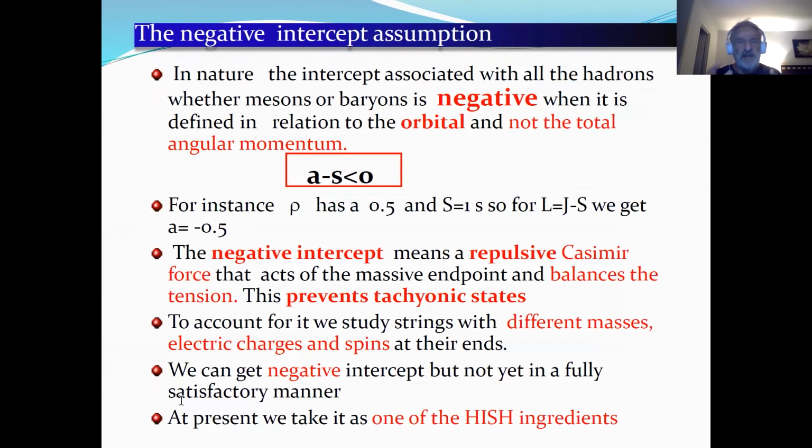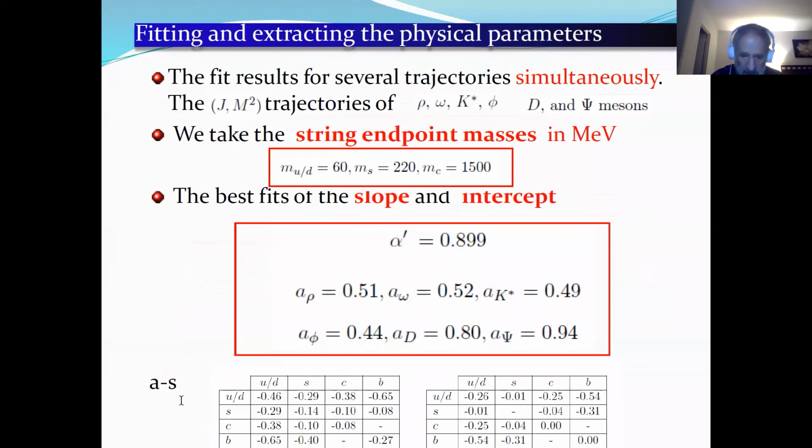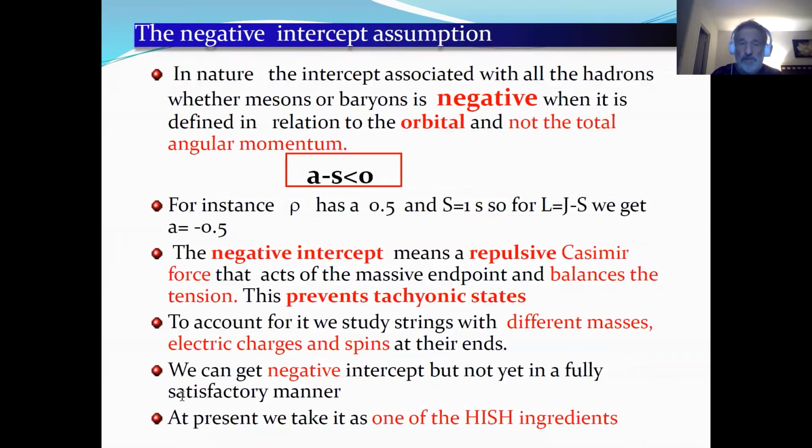Now I'm coming here to what I mentioned before. This is very important. So in nature, if we look at this table that I put here, you see that all the numbers of this quantity A minus S are negative. And it's not a surprise, because the fact that they are negative means that there is a repulsive Casimir force.